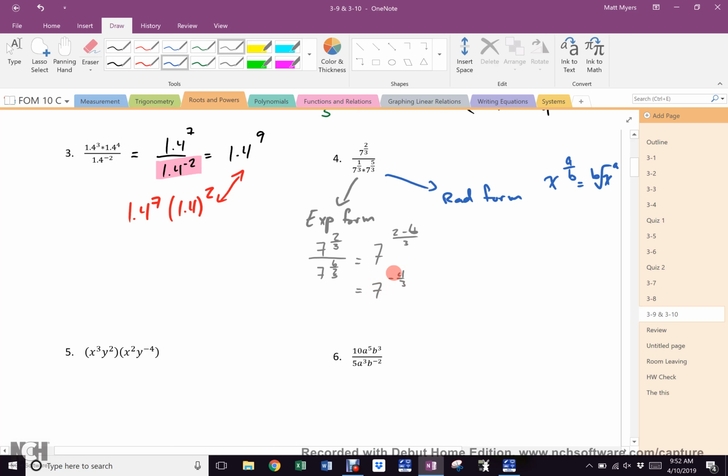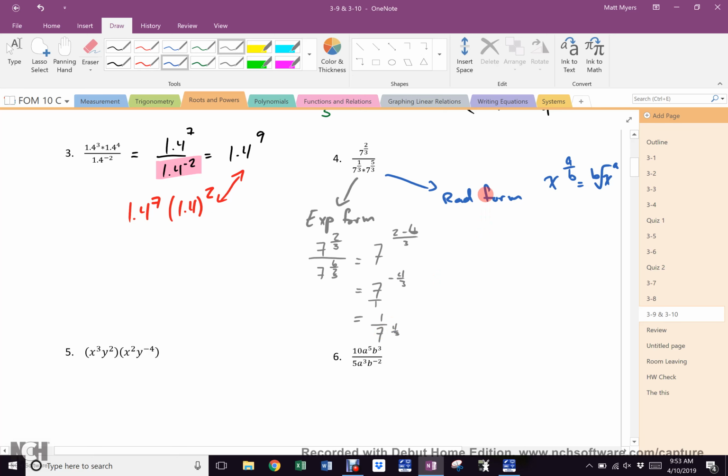No, why not? Can't have a negative exponent. 2 minus 6 is negative 4. So, this is really 7 over what? 7 over 1. And a negative exponent really does what to this? Reciprocates it to 1/7. And the 4/3 is down there. It's positive now, and I'm allowed to leave it. Everybody cool?